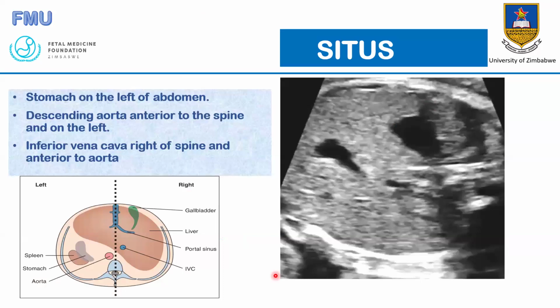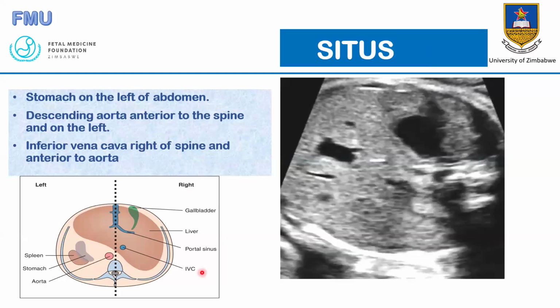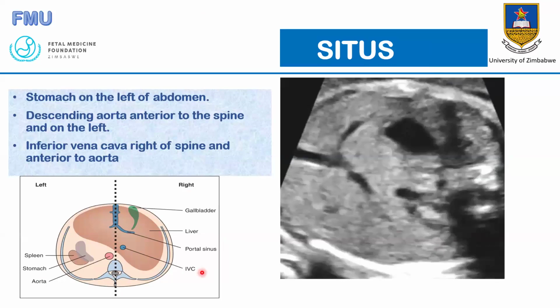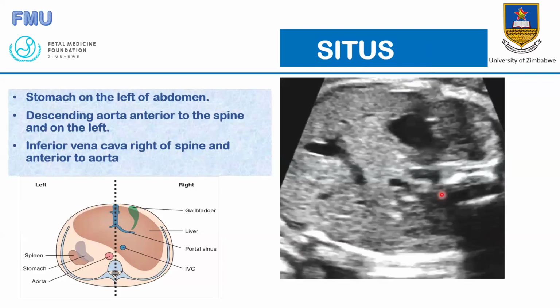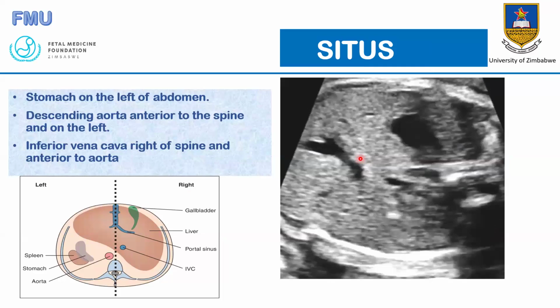We are saying there are certain cardiovascular system defects that do affect the way the vessels are arranged in the baby. So you should always start scanning at the level of the tummy here. You can see the stomach and the heart. They are all on the same side of the baby.